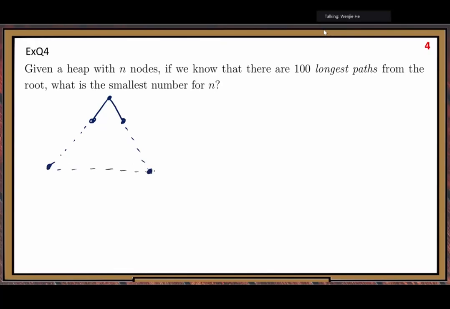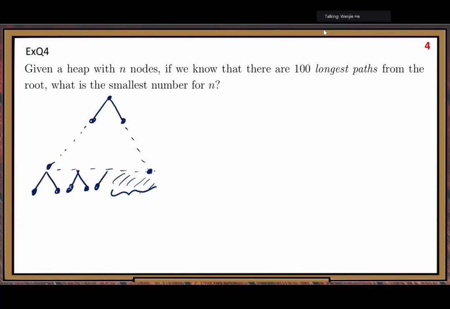Above the bottom level, it's complete. But at the bottom level, we have some more nodes, but it could be incomplete. Some part we may not have nodes. That's the typical structure of a heap.